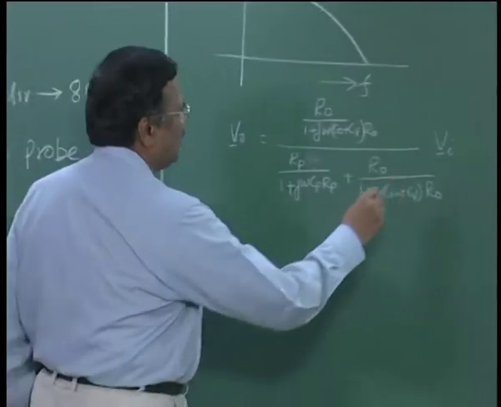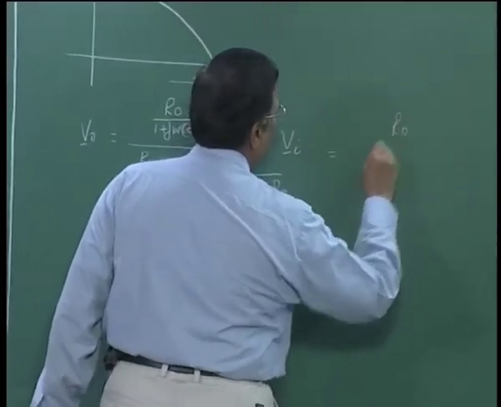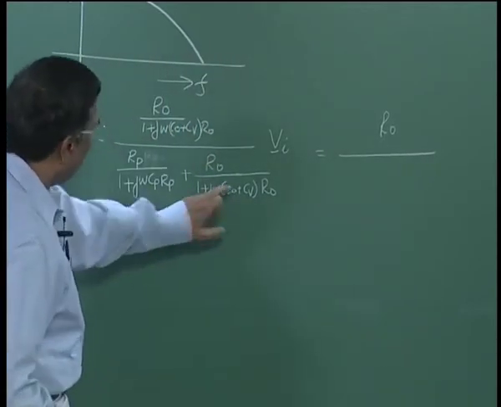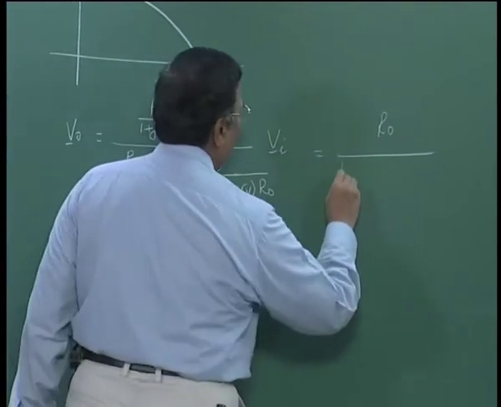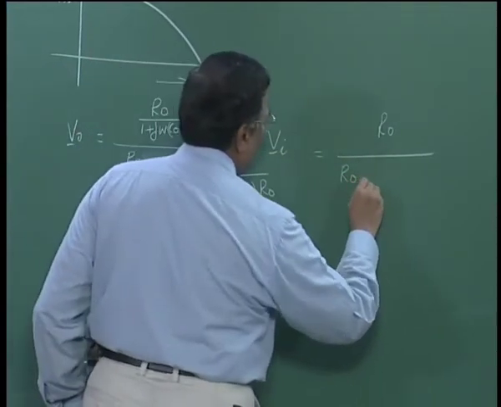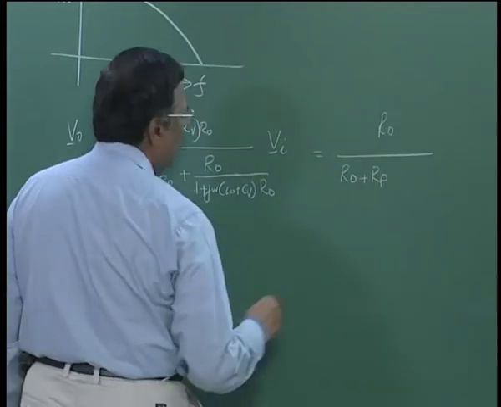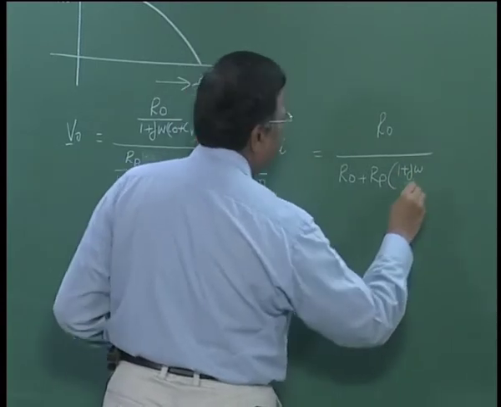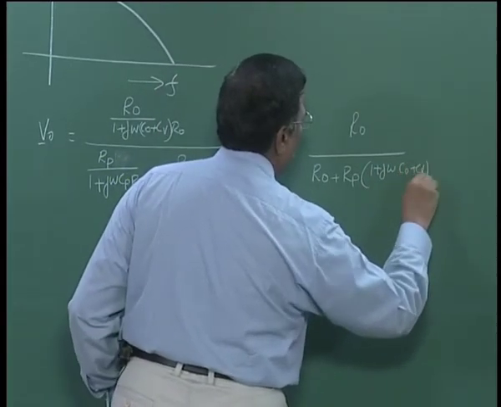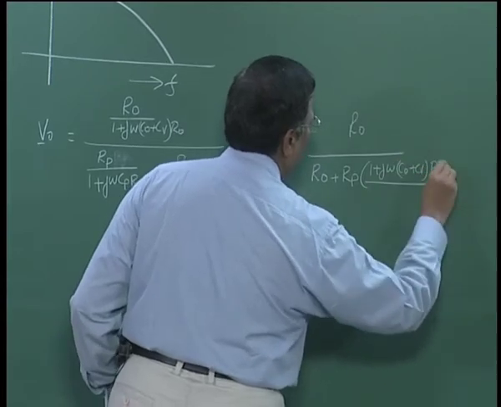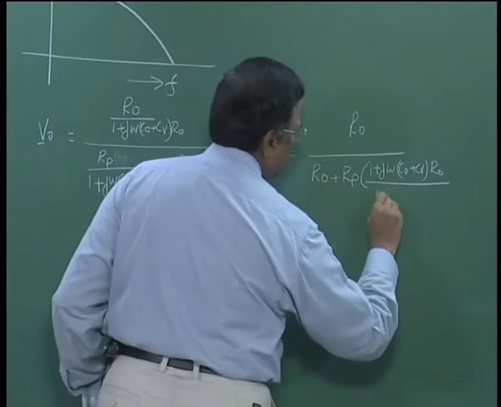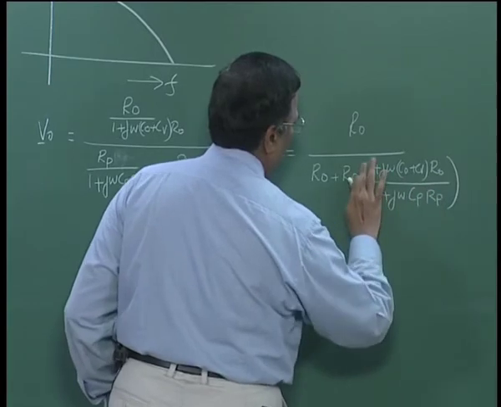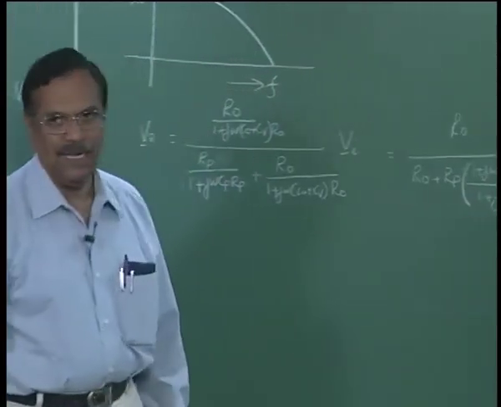So, this would work out to R naught divided by, if I bring this here and multiply with this, I will get R naught plus Rp into 1 plus j omega C naught plus Cv into R naught divided by 1 plus j omega Cp Rp, right.